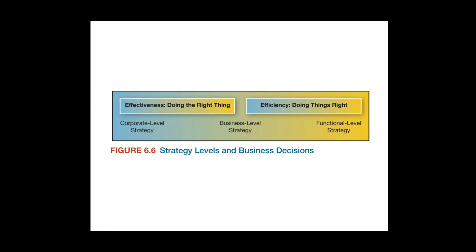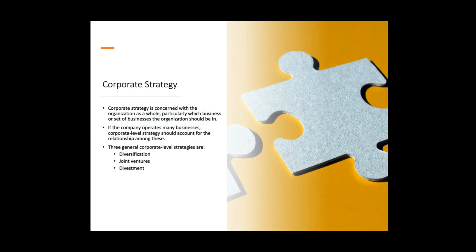Now, we want to also provide, as you can see underneath, a variety of context for this. There is functional level strategy, there is business level strategy, and finally there is corporate level strategy. And really what we're talking about in this particular video is the kinds of challenges represented by what we call corporate level strategy. What is corporate strategy?